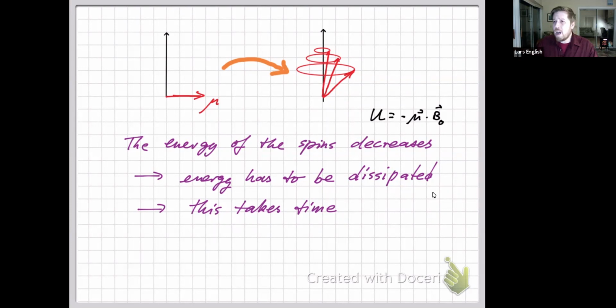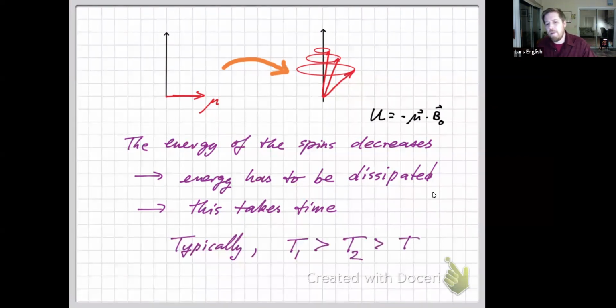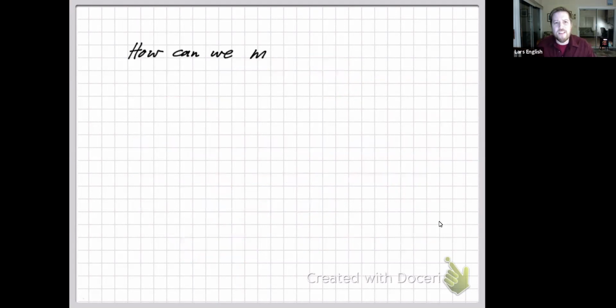And so this takes time, simply. It doesn't happen right away. It typically takes longer than the T2 process. So then we have this ordering in time. We have that T1 is the longest, then comes T2, and the shortest one is T2 star, as we discussed.